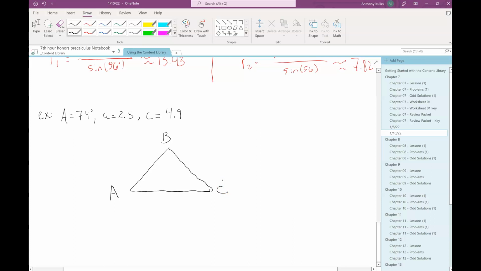I know I have angles A and C. I'm going to use the alphabet and choose to name the other side B. What scenario are we in? Yep, side angle, either way of saying it.